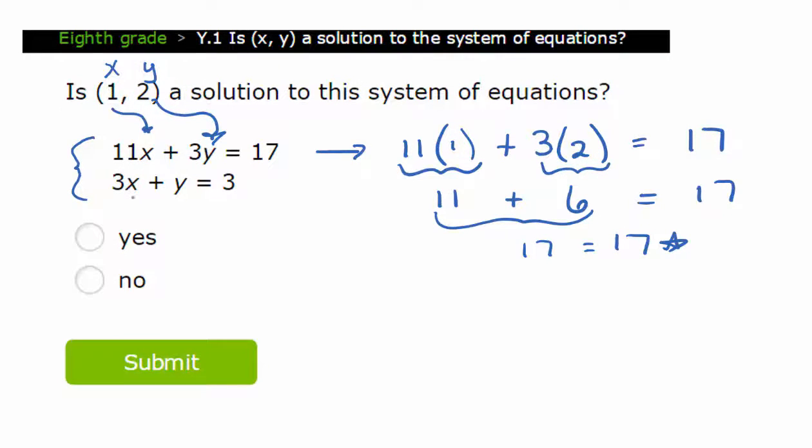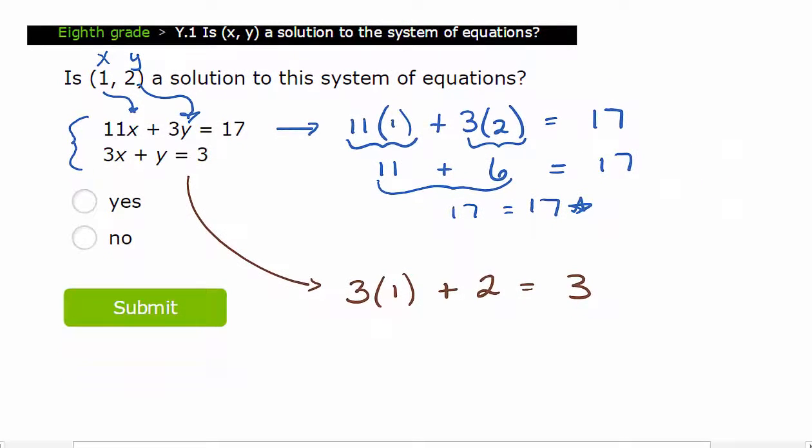So we're going to take 3x plus y, and I'm going to rewrite that with substituting in 1 for x and 2 for y. So 3 times 1 plus, I don't have to use parentheses if I don't want to, plus the number 2, because we're putting 2 in for y. And we're going to see if that's equal to 3.